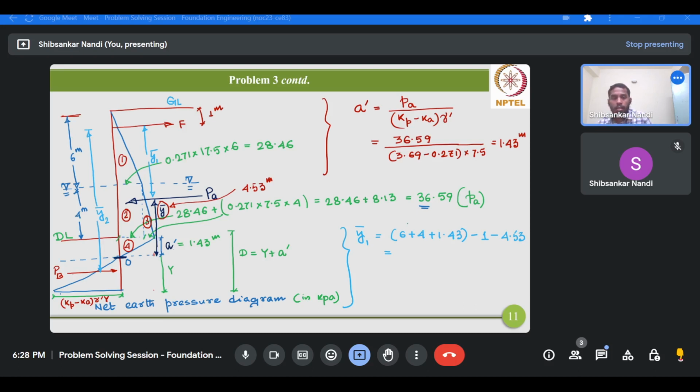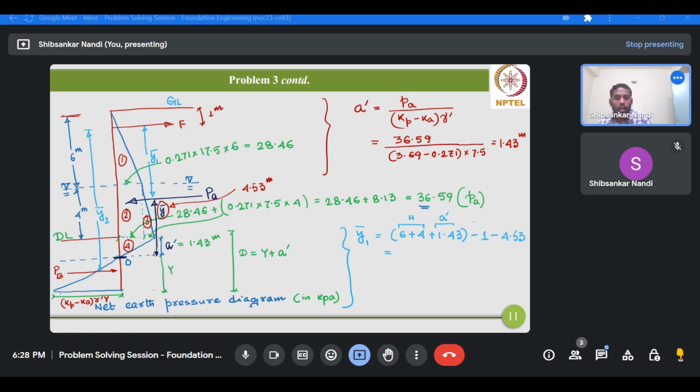Now we have deducted the location of the anchor, that is 1 meter.